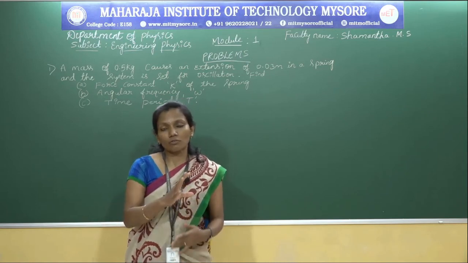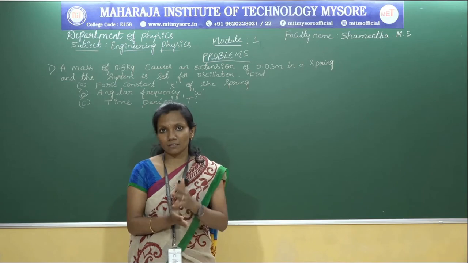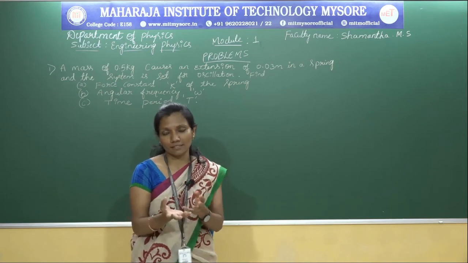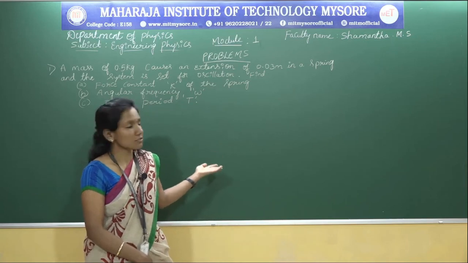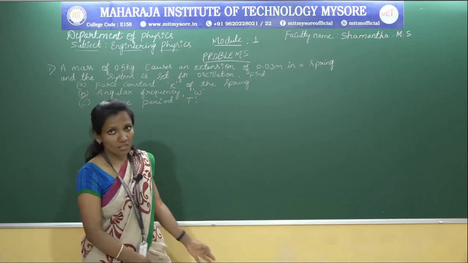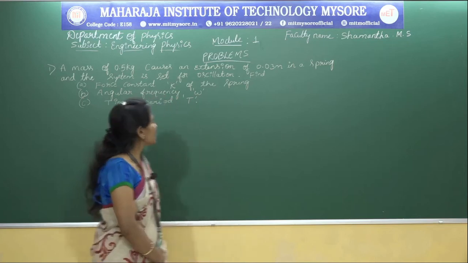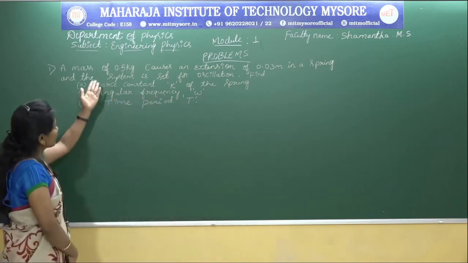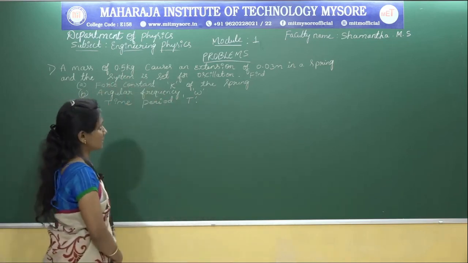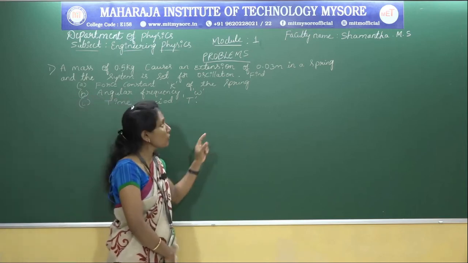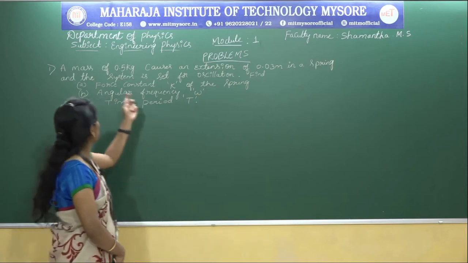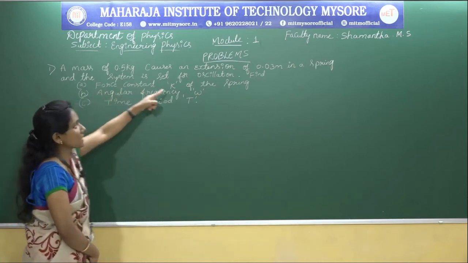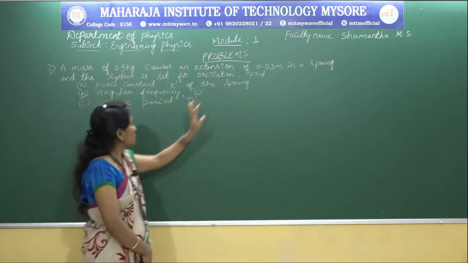So now we have to apply all these theory concepts and solve the problems. Here one problem is: a mass of 0.5 kg causes an extension of 0.03 meter in a spring and the system is set for oscillation.